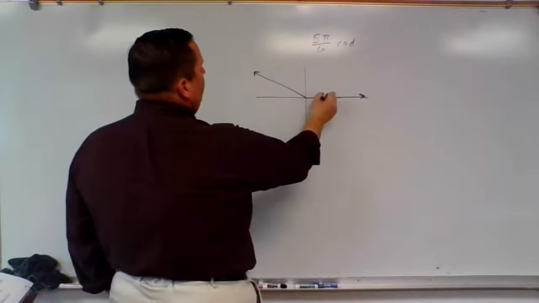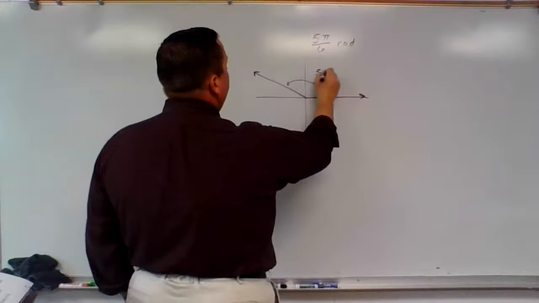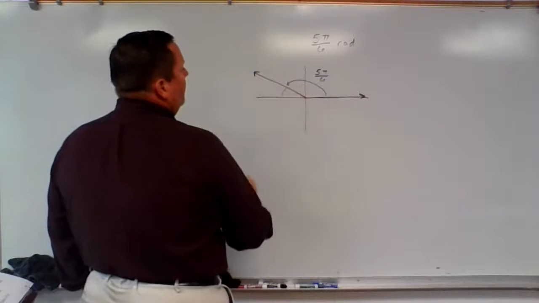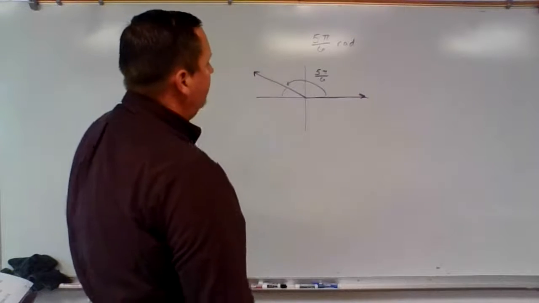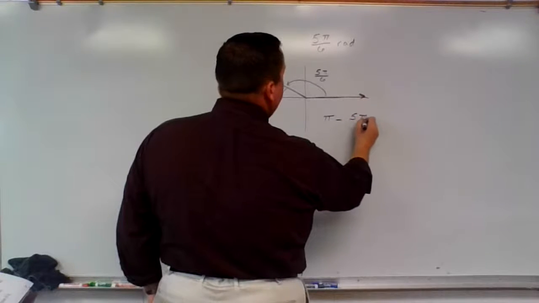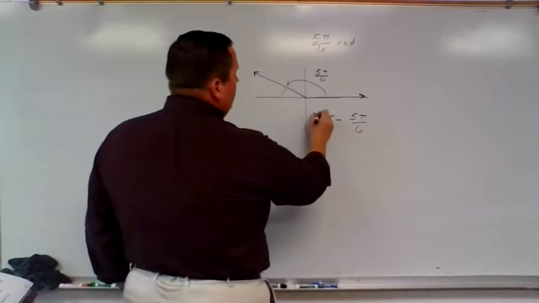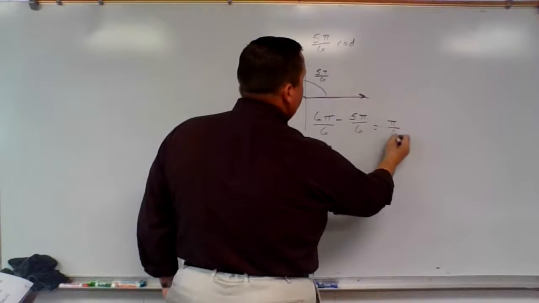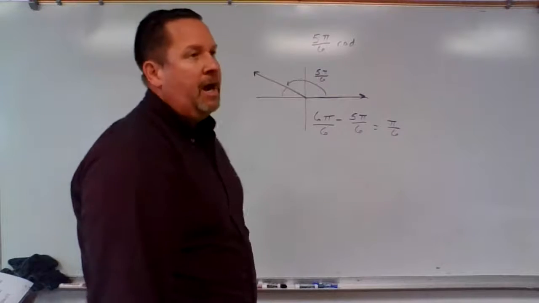And so if this is my angle, how to find this reference angle, I've got to take 1 pi minus 5 pi over 6. And I need a common denominator, so let's go with 6 over 6. My reference angle is pi over 6.